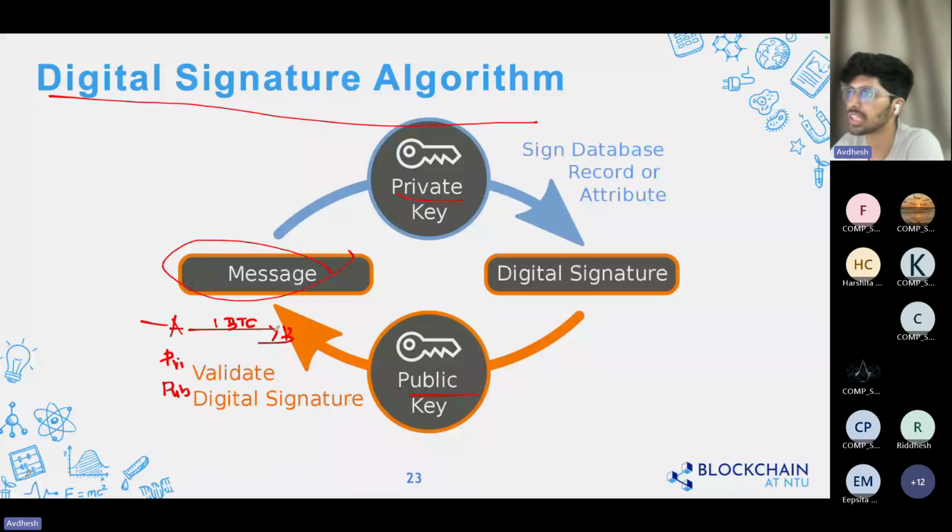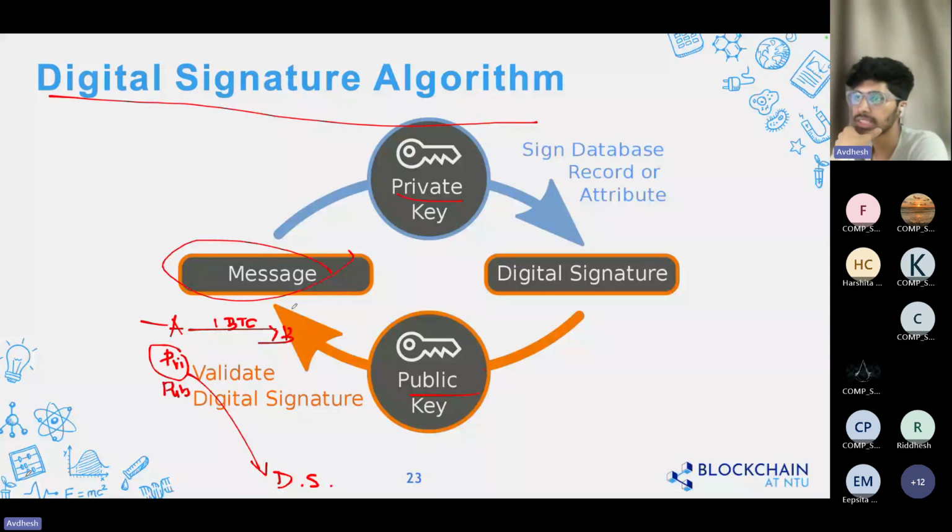This goes the same for Bob as well. What happens under the hood is that the message is signed by Alice's private key, and it is generated into a digital signature. I'll just write it down: digital signature.